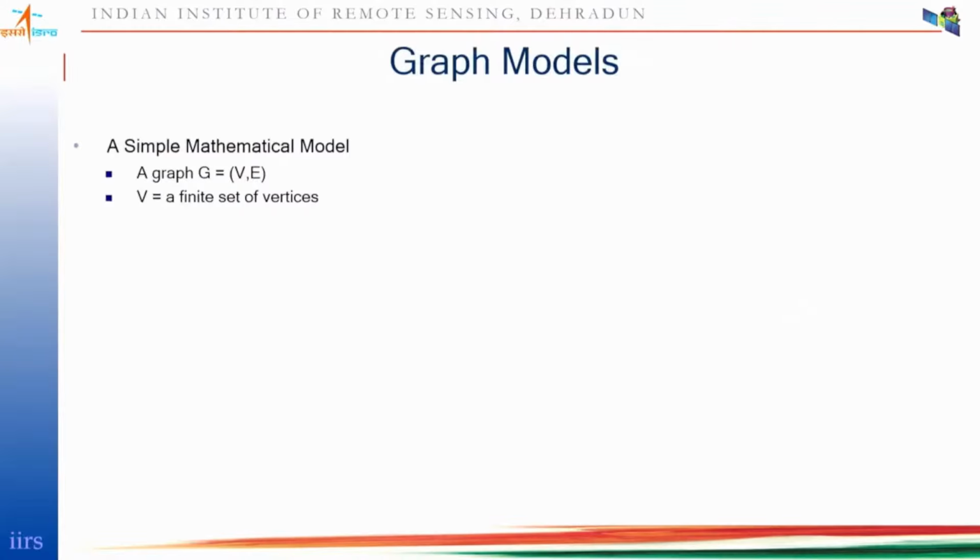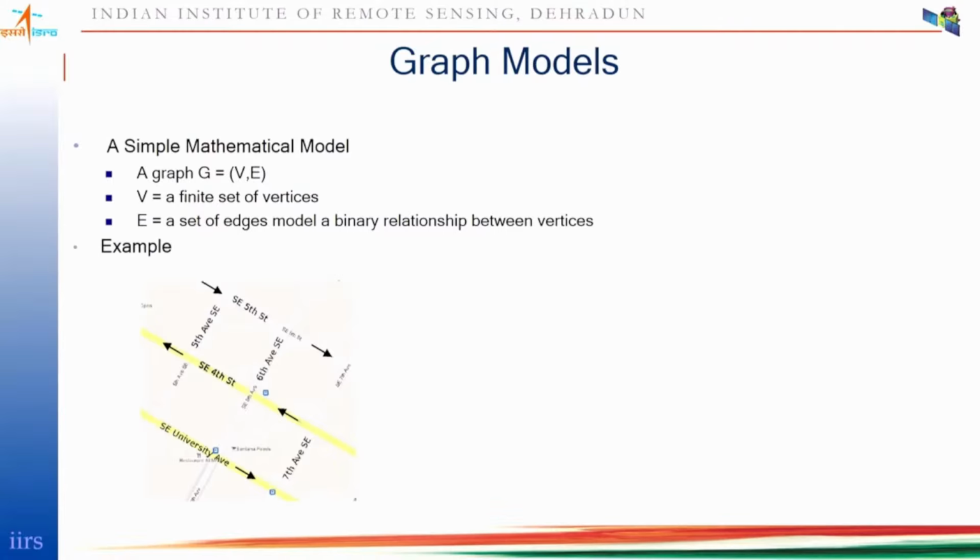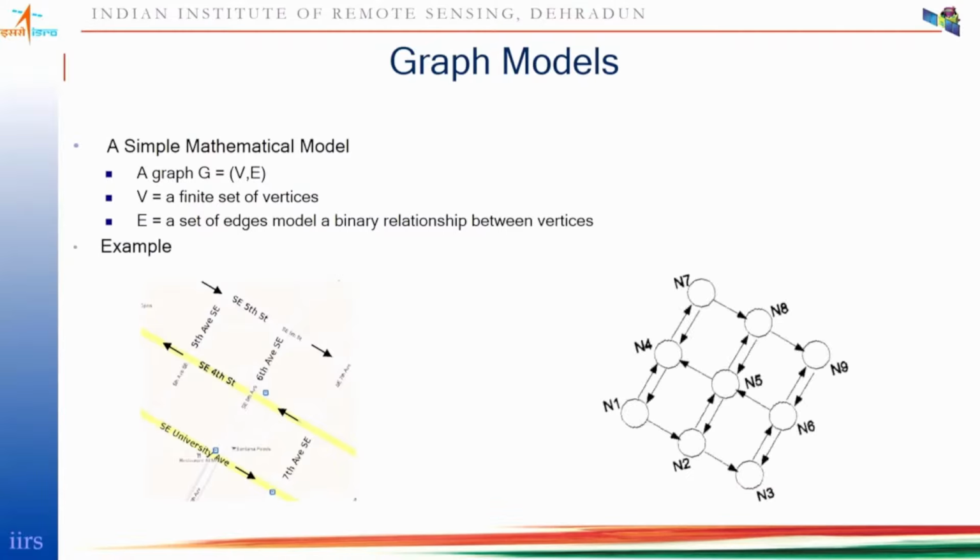So simply, if you talk about a math model, it basically consists of vertices and edges. For example, this is just an example where different junctions and roads are there, and their connectivity and flow of direction is represented, which can be represented as a node graph. Over here there are a total of 9 vertices, from node 1 to node 9, and in between there's connectivity, which are called the edges.